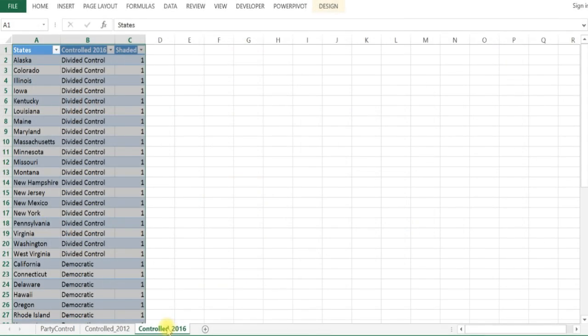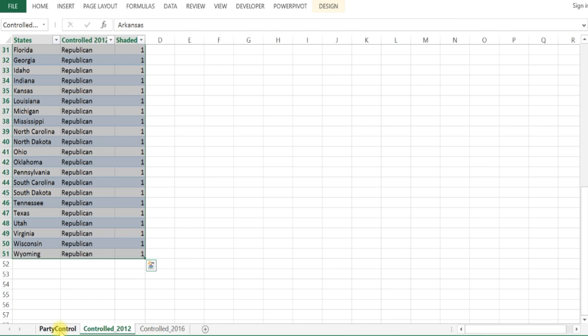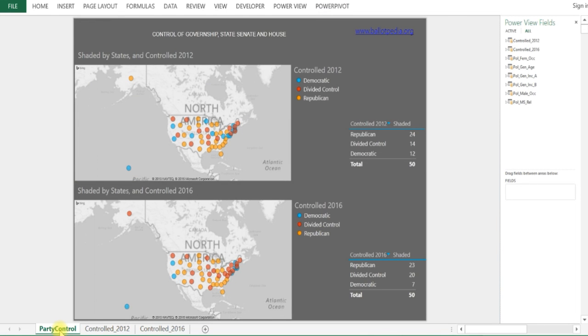So this is the data for my last sheet, which is the party control sheet. This one I used Power View features, and from here we can tell this chart. Basically, these two charts will tell me who controlled the legislative branch and the governorship of all 50 states in 2012.